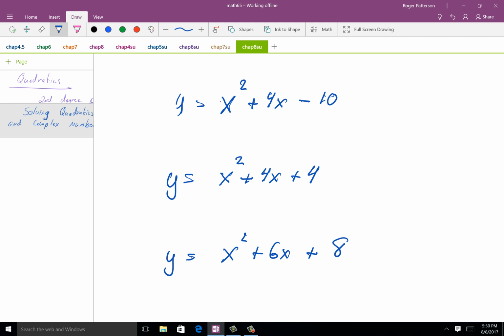All right, we're going to graph these and look at their solutions. I'm going to have to do it in Desmos, so I'll try to leave that up there for a bit, and we'll come back to them.